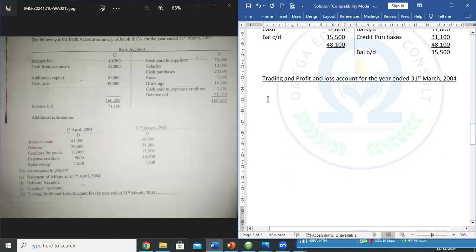So our sales is a combination of 60,000 credit sales plus 48,000 cash sales. You can do this aggregation on the face of your trading account, and that will give us 108,000 as our total sales.